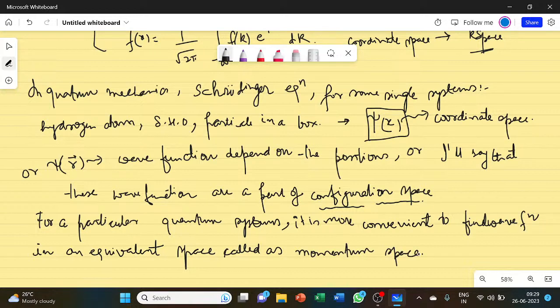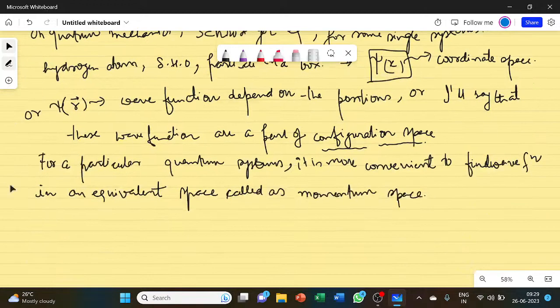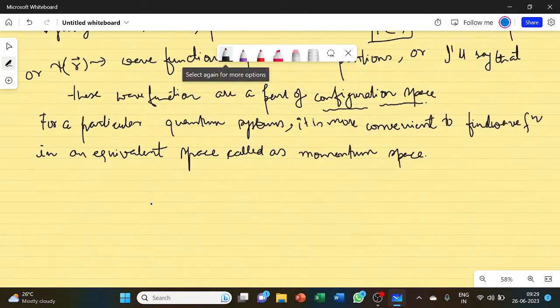So you have to transform your wave function from coordinate space or configuration space into the momentum space. We'll see all these things later on in quantum mechanics.